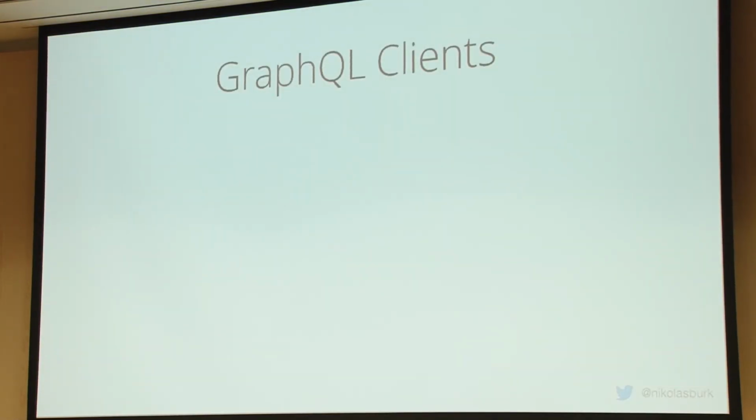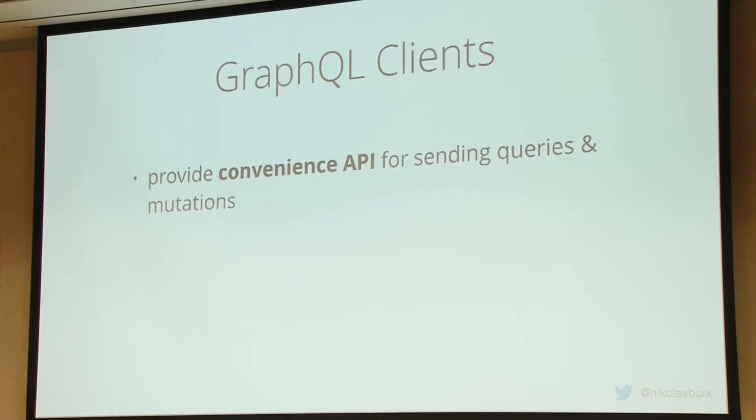So GraphQL clients in general are basically just a convenience way for you to interact with the GraphQL API when you're writing an application. So we saw that we can just use plain HTTP to interact with a GraphQL API when it has a GraphQL server, but these GraphQL client libraries will make it really easy for you on the front end when you're writing your application. So basically, they provide a convenience API for sending queries and mutations.